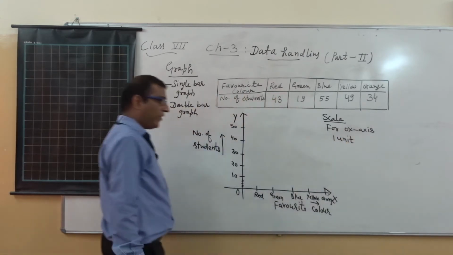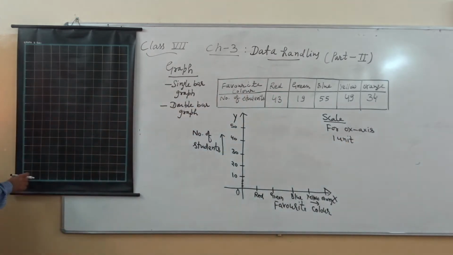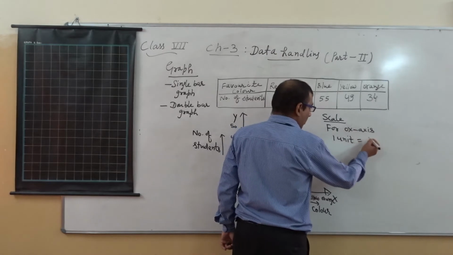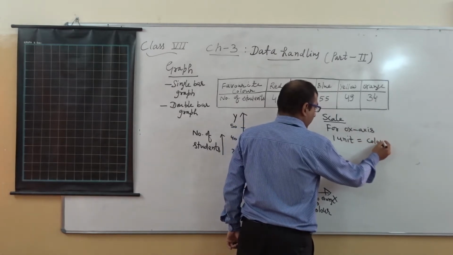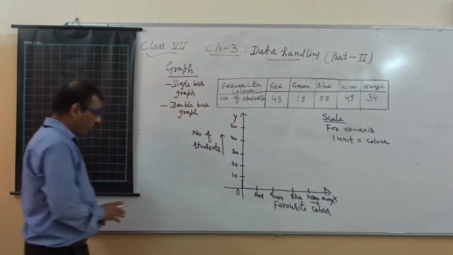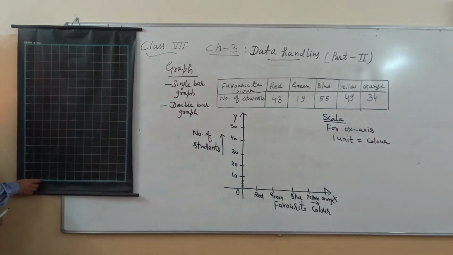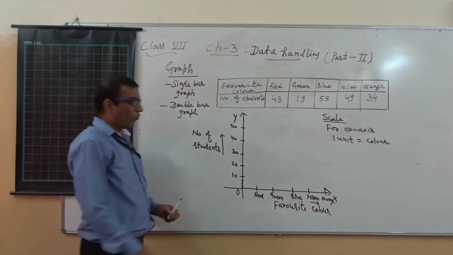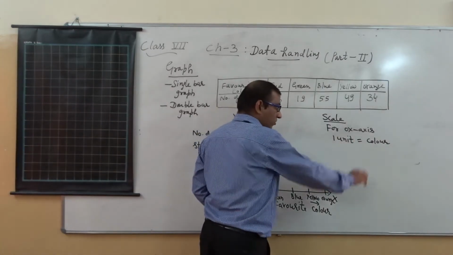If you see in this graph paper, this small square is related with 1 unit. So 1 unit is related with red color. If we want to take 2 small squares on the horizontal axis, then we will write for OX axis, 2 units equals color.